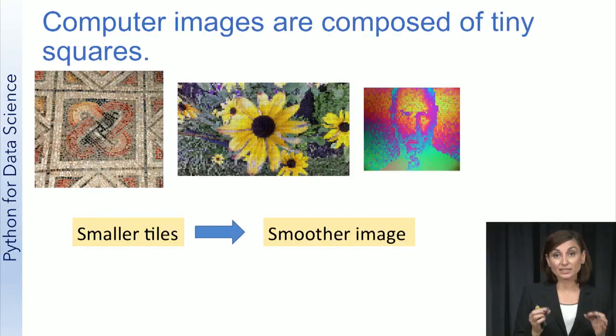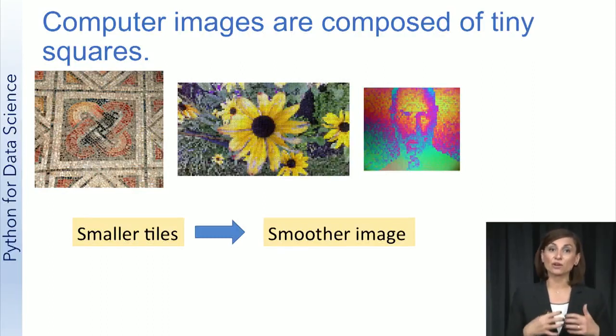The more and smaller tiles you use, the smoother, or as we say, less pixelated, the image will be. This sometimes gets referred to as resolution of the image. Please note that vector graphics are a somewhat different method of storing images that aims to avoid pixel-related issues, but we'll set those aside for now. Even vector images, in the end, are displayed as a mosaic of pixels.